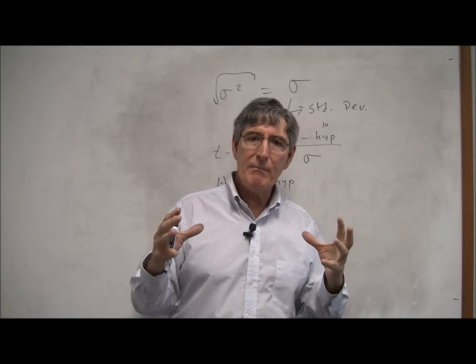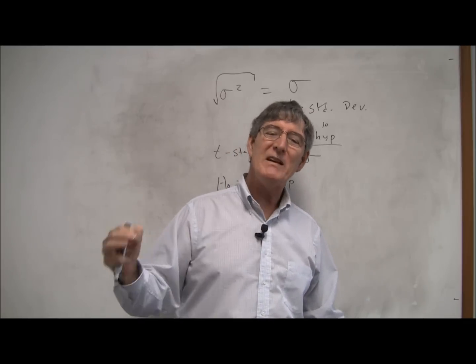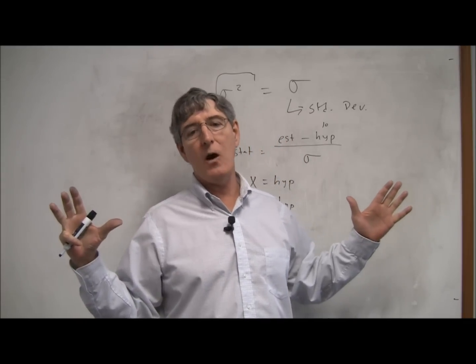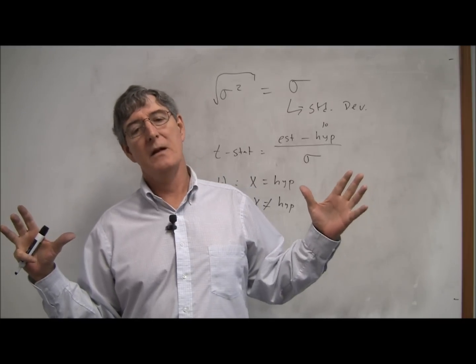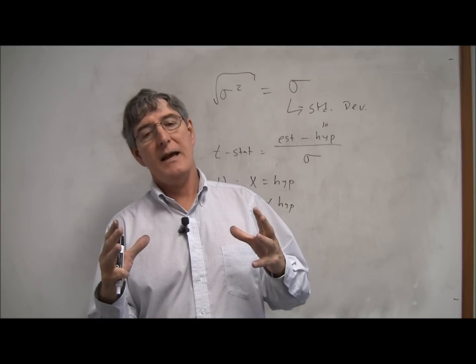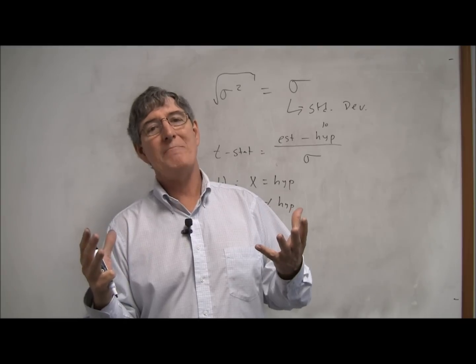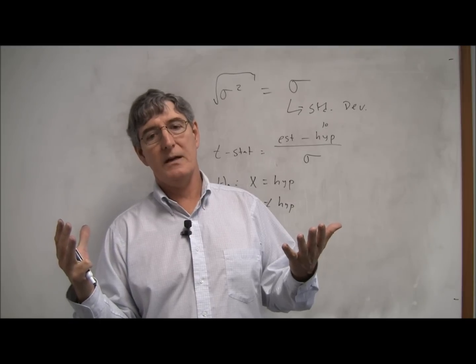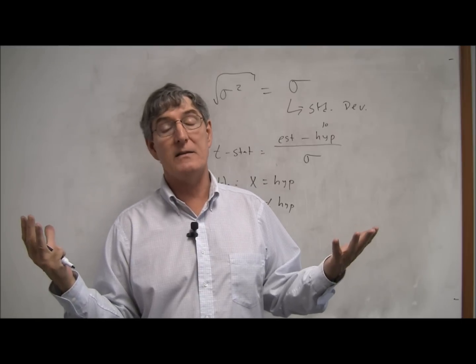So we take this sample. If we flip the coin an infinite number of times, we'd get a half if we average everything. We know that from the law of large numbers. But if we take a sample of only 10, we could get all sorts of things. And so is the coin balanced? Is it true that the probability is equal to a half? Or is it maybe unbalanced?